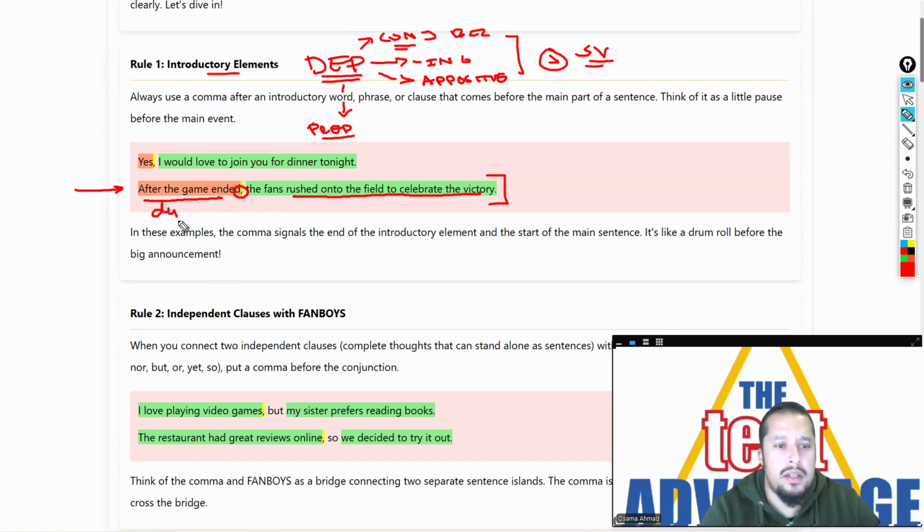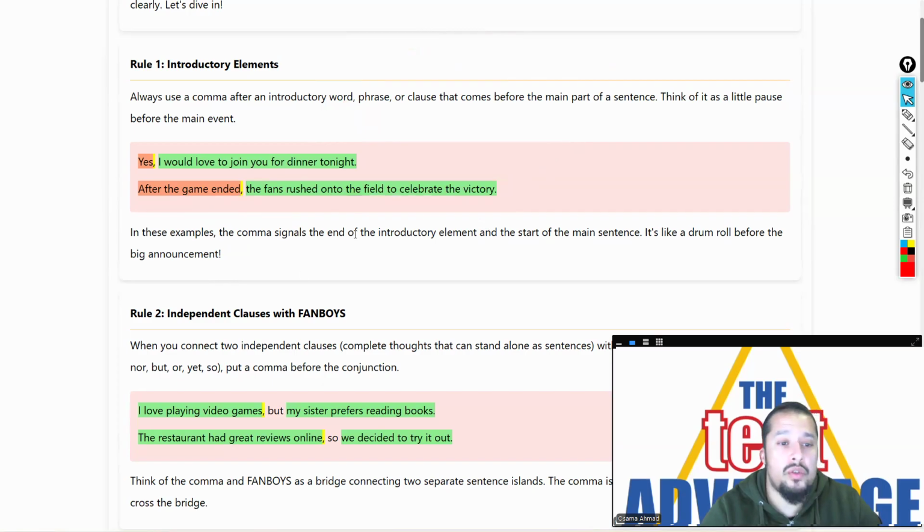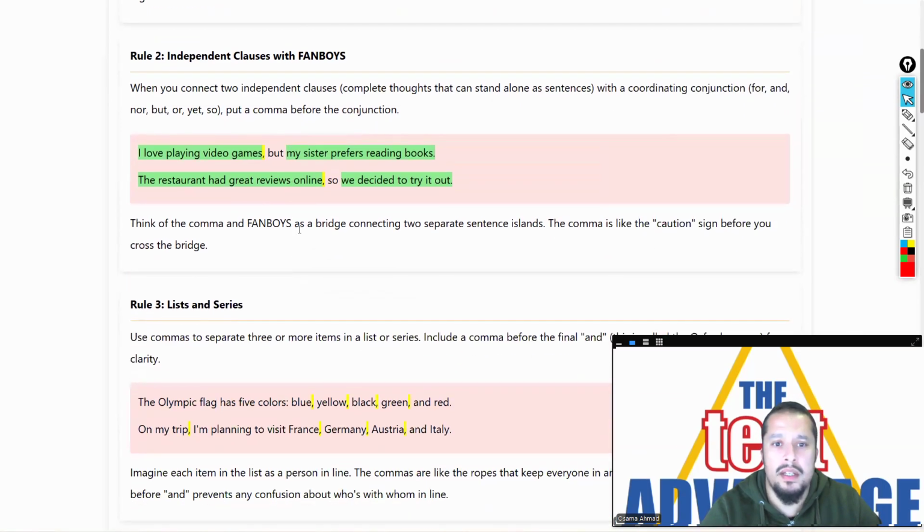You have a dependent clause, comma, independent. We must separate between them. That's why it's important to pay attention to the dependent ideas.